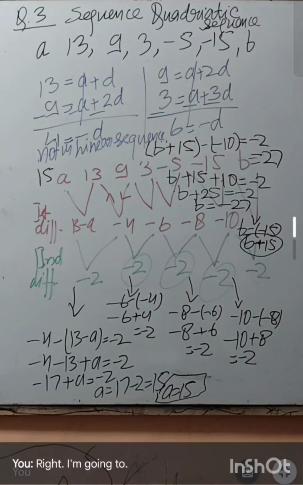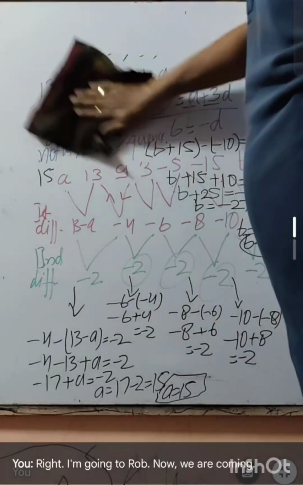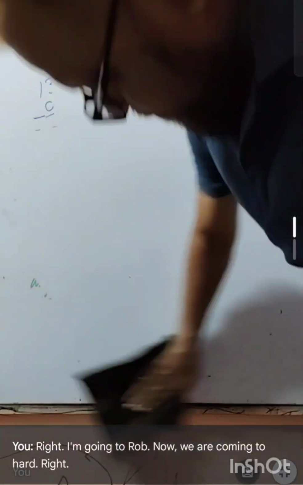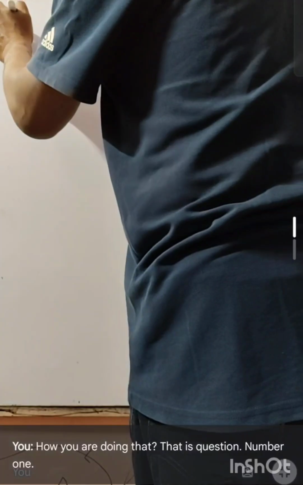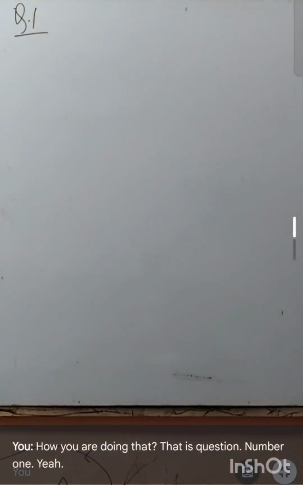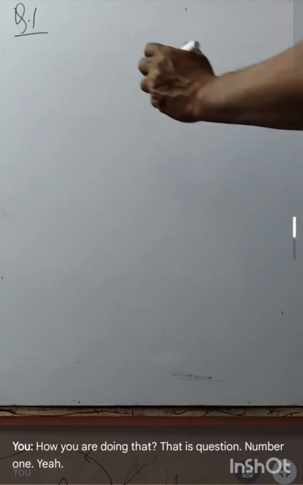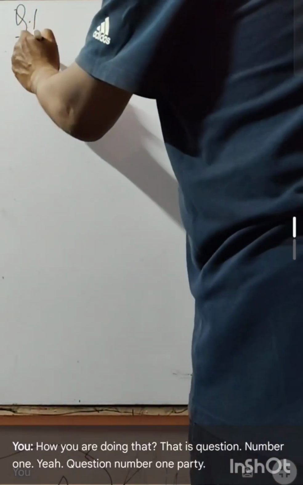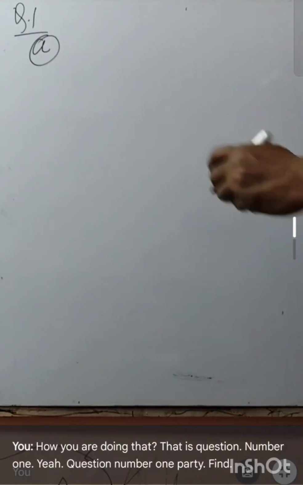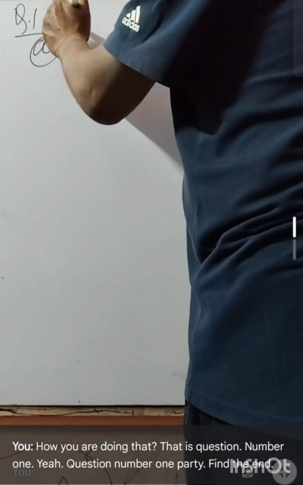I'm going to rub. Now we are coming to hard, right? How are you doing that? That is question number 1. Shreya, question number 1, part A. Find the nth term.